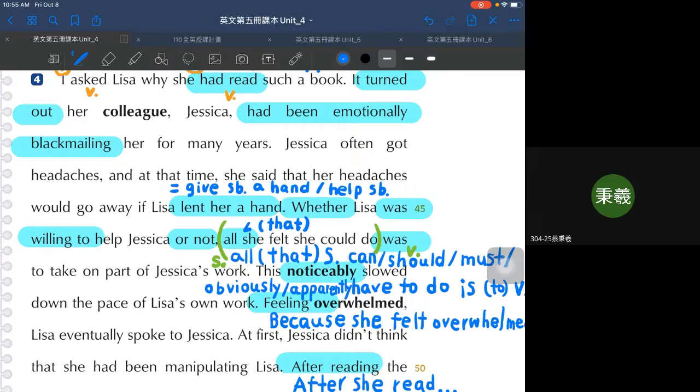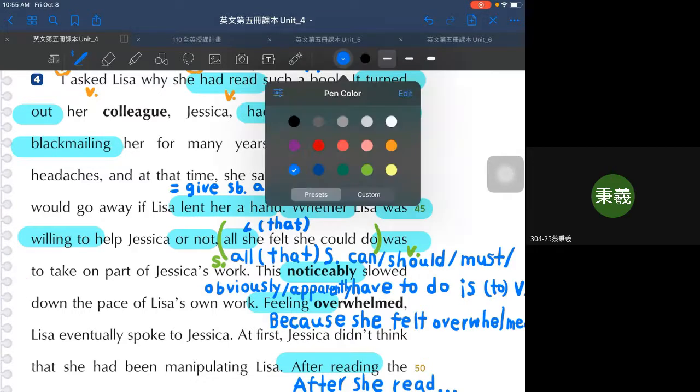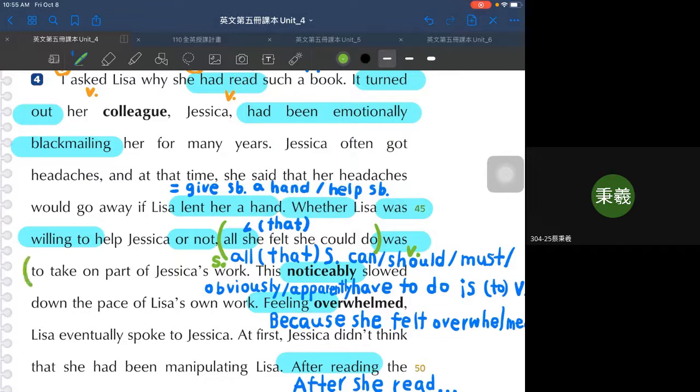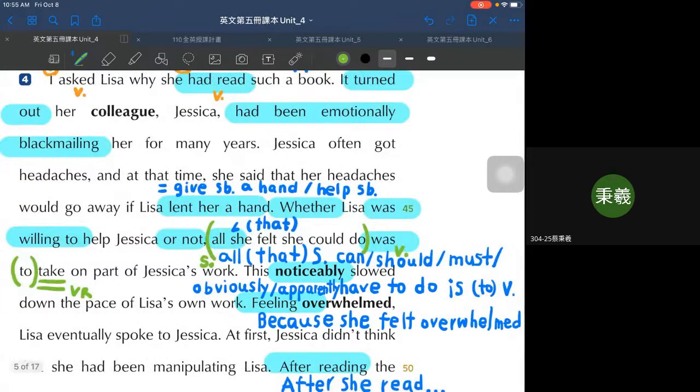All right. So to take part of Jessica's work. So was to take on. So here, please pay attention to this one. For this kind of sentence, sometimes they will omit the word to here, because they are quite short, just like an imperative sentence. So mostly you have to put a root verb behind. So that's why we have a sentence pattern here. All that someone can do or should do or must do is to do what?